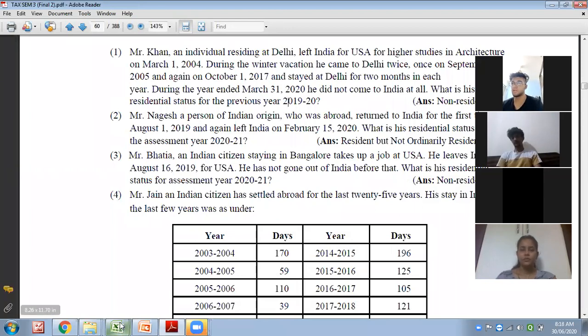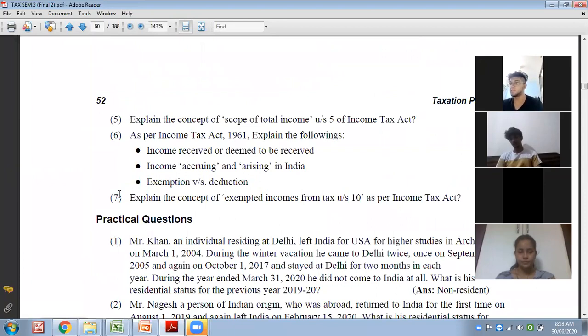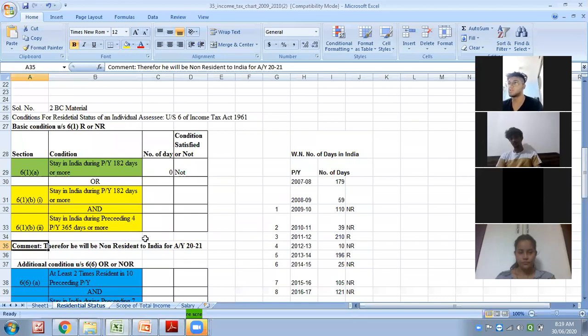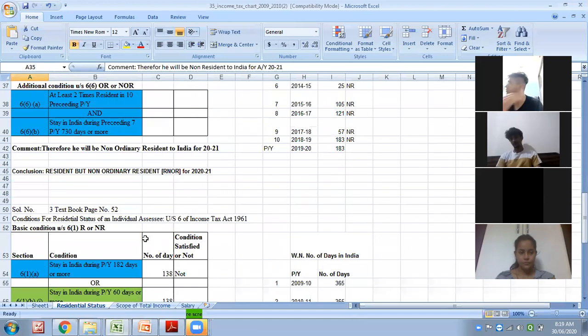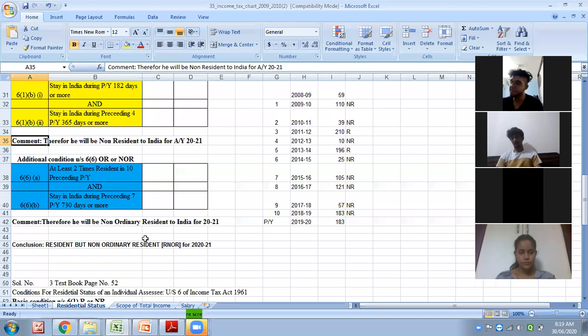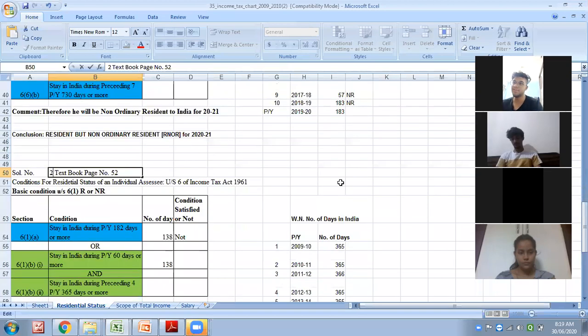So what we will do now, this is my textbook, page number 52, question number 2. This is a different type of question now.